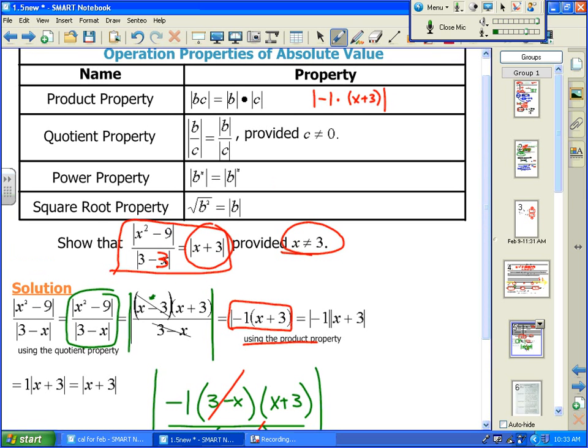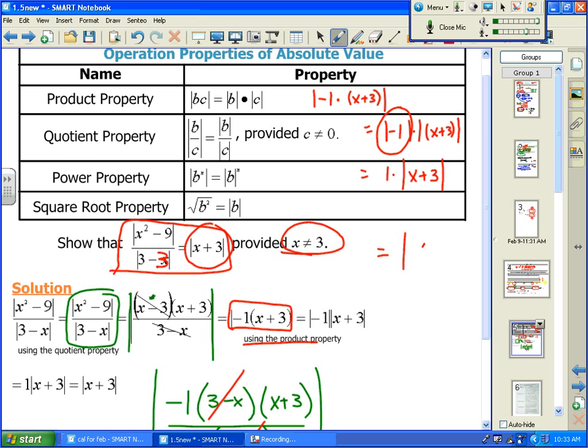So what he did was he separated those two into absolute value bracket of negative 1 times the absolute value bracket of x plus 3. If you look at this first term, the absolute value of negative 1 is positive 1, so I got positive 1 times the absolute value bracket of x plus 3.